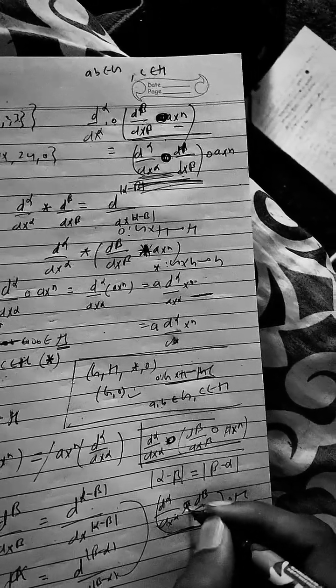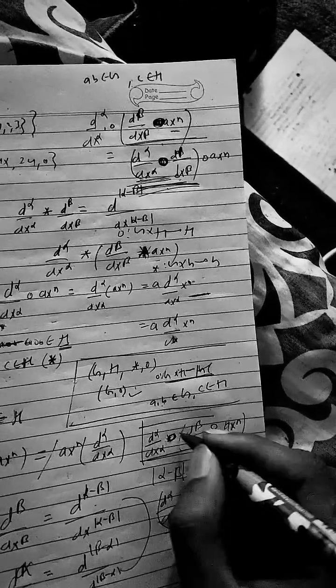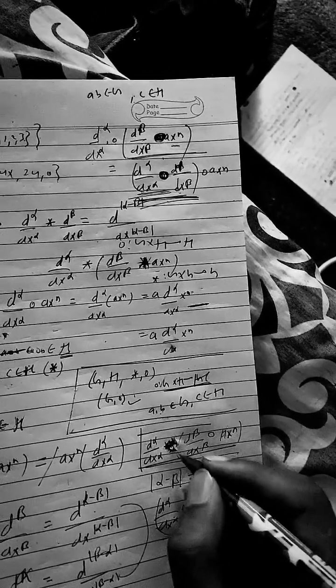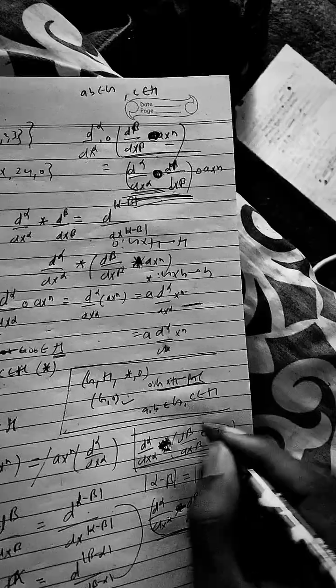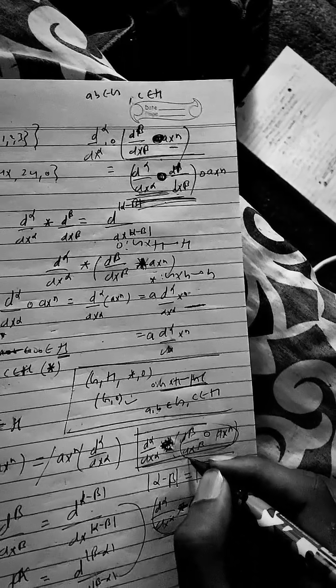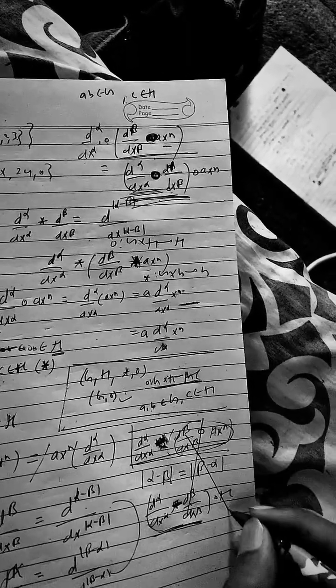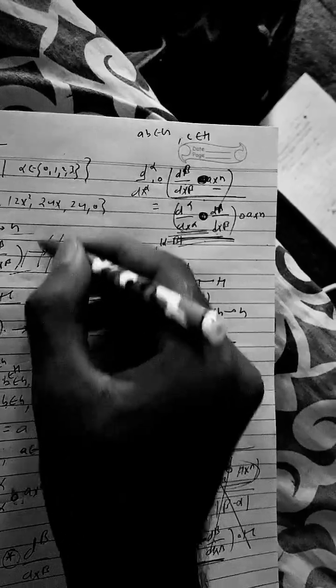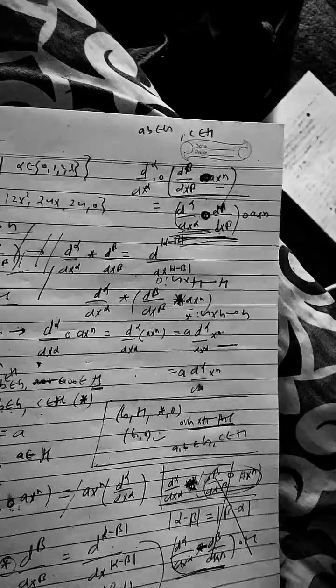So if it is a star, then what happens is this must be a star, but if this is a star, then this is not defined, right? So there is no associativity, so we cannot do associativity, right? So there is no way to do associativity here.